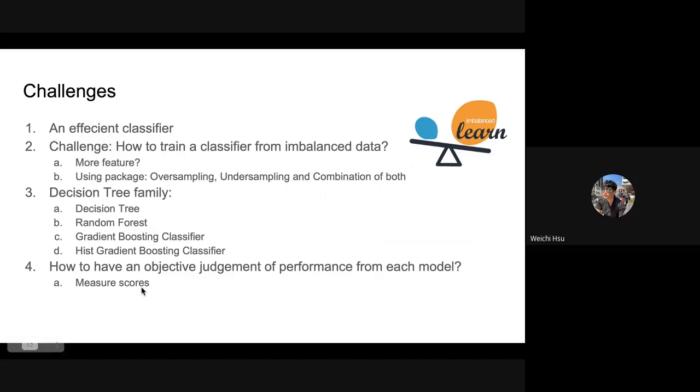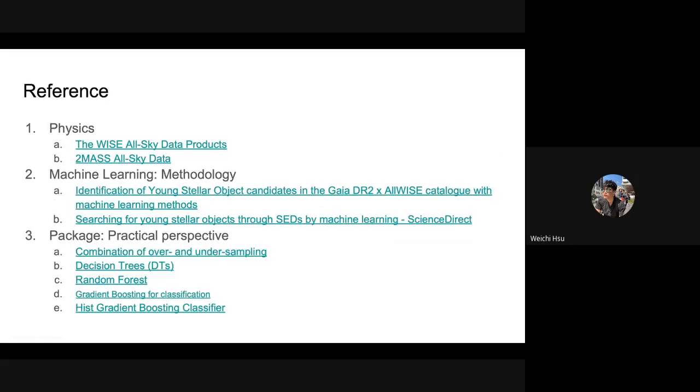The final task is to have an objective judgment of the performance of each model. We have to design a way to give each model a score and measure their performance. So this slide is our main task, and I would like to stop here, and next is the reference.